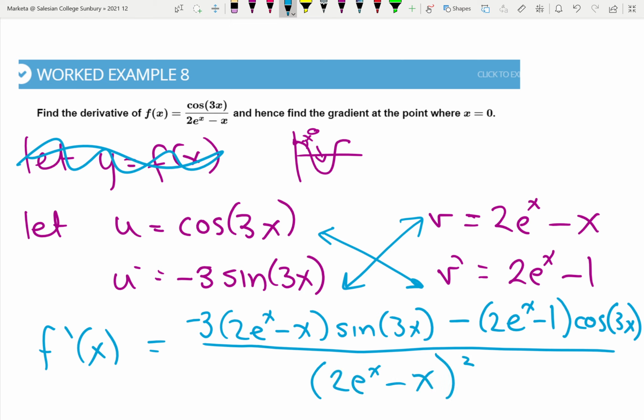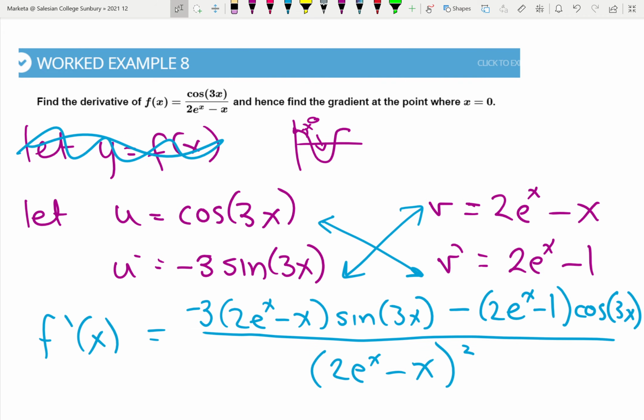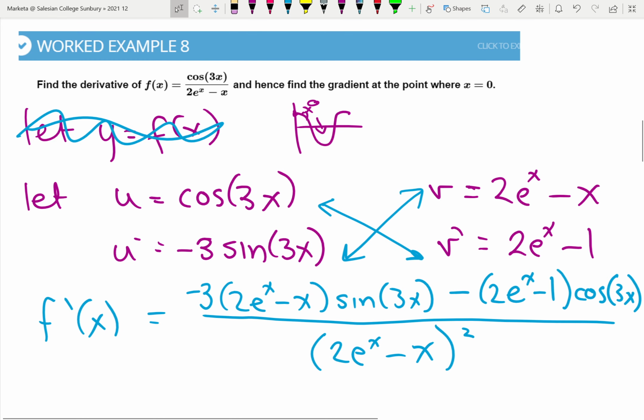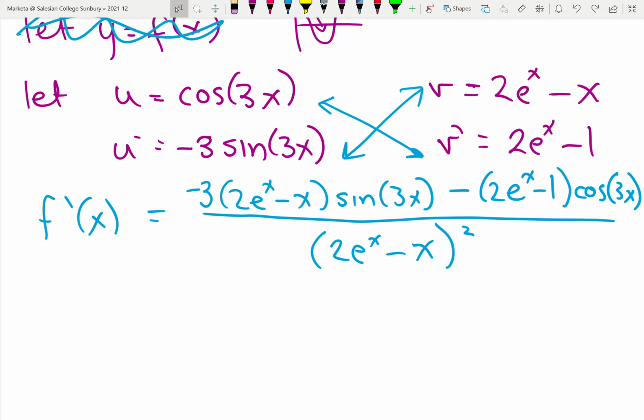So v squared is 2e to the x minus x, let's square that. And look, in this case, we're subbing in 0, so it won't be too much of a big deal if we don't factorize it properly, because when you sub the 0, it will work nicely anyway. We could take out this 2e to the x, but it's not really going to help us, so I'm going to leave it as it is and sub in the 0.